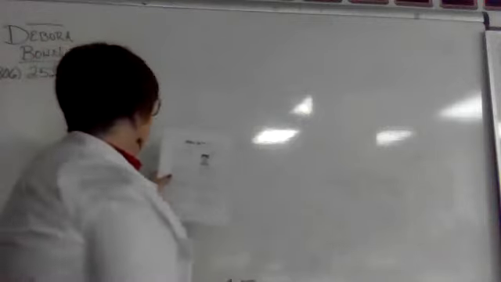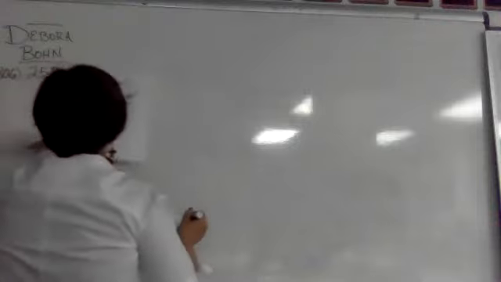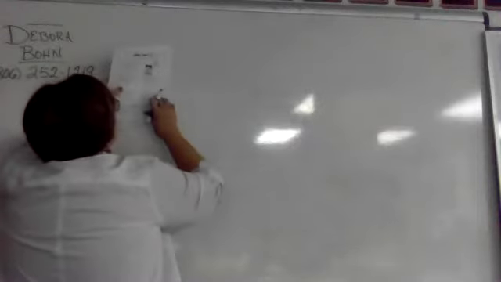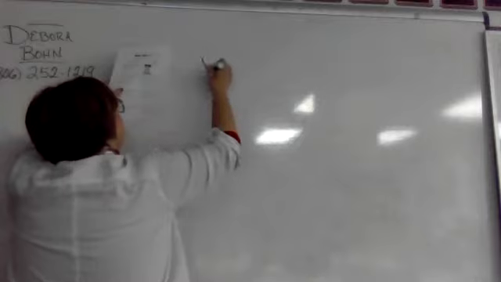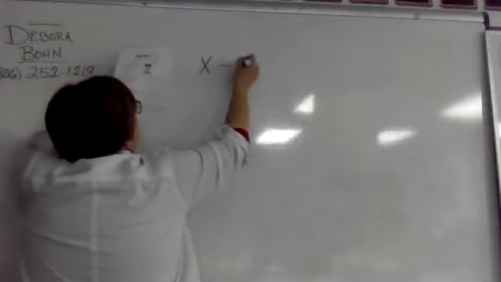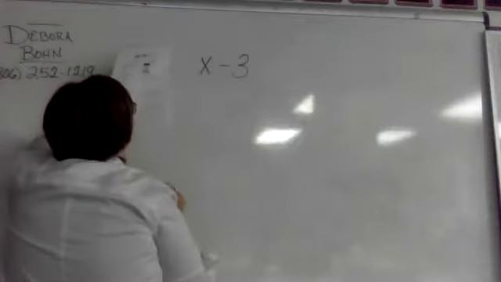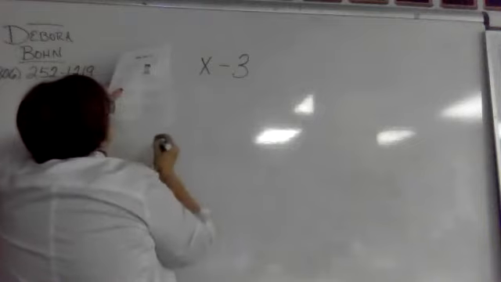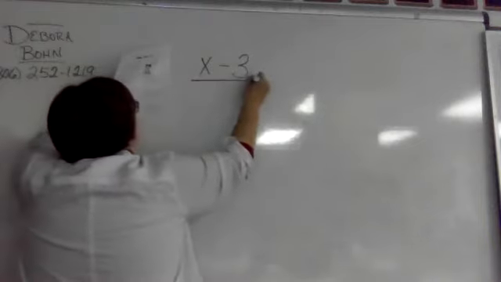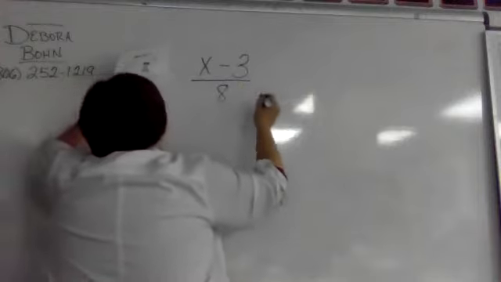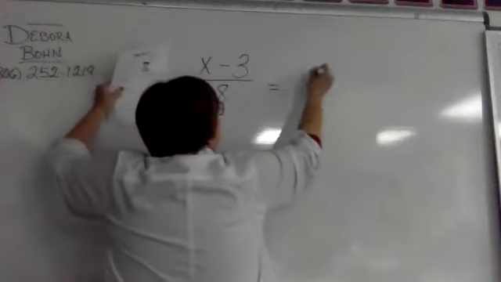What number am I? Okay, so me is the x. Here's me, and I'm going to subtract 3 from me and divide me by 8. You get 5.